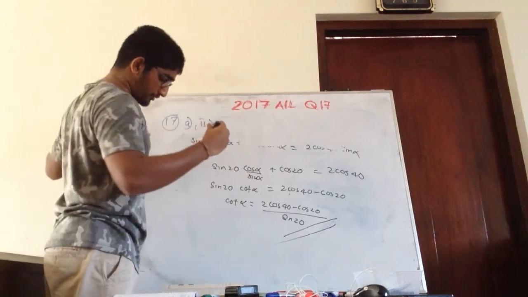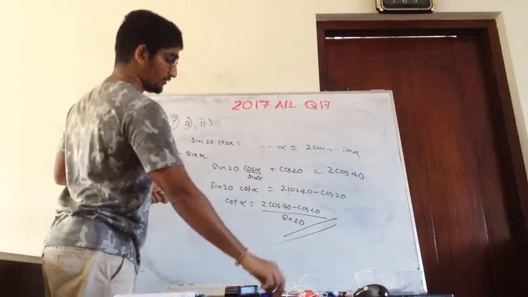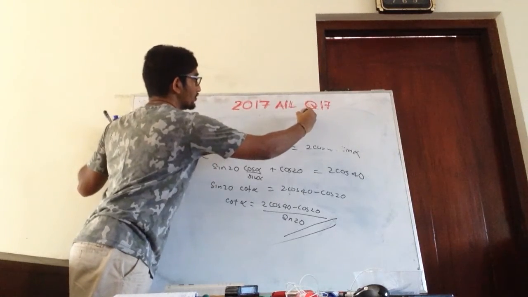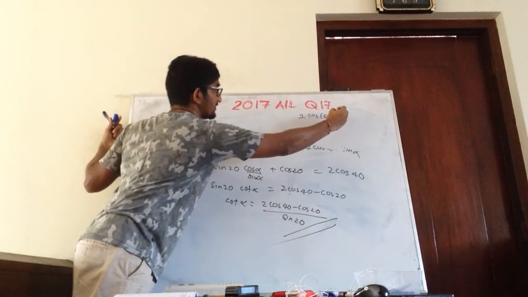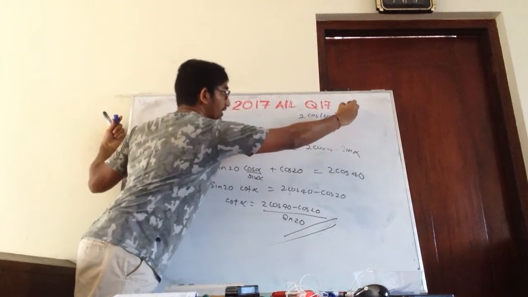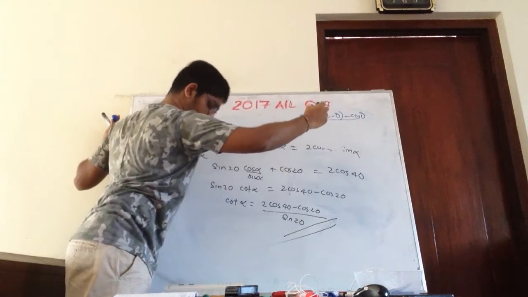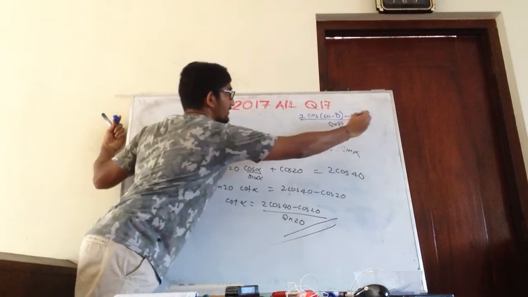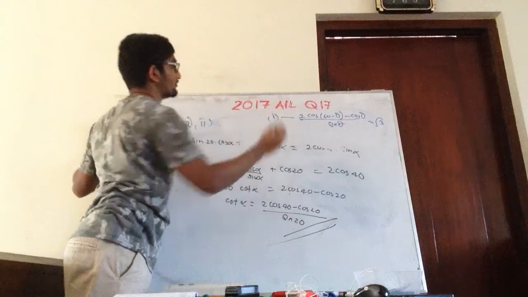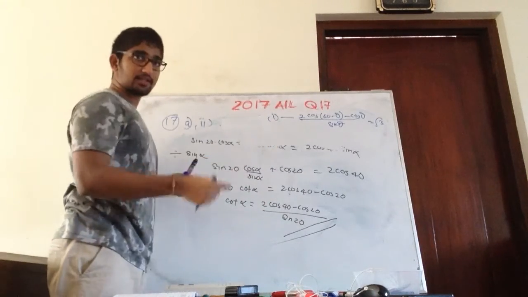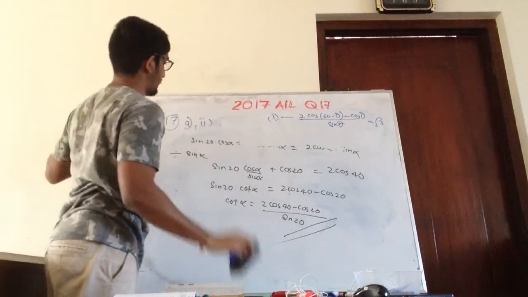So now we have found out that 2 cos 60 minus theta minus cos theta over sin theta is equal to square root 3. So now this was 1. So now they are saying to find the value of alpha by using this.